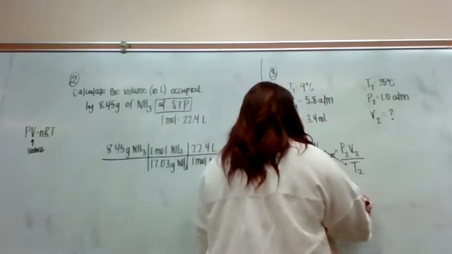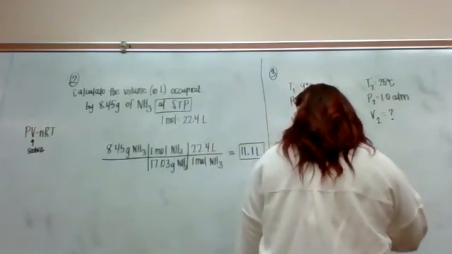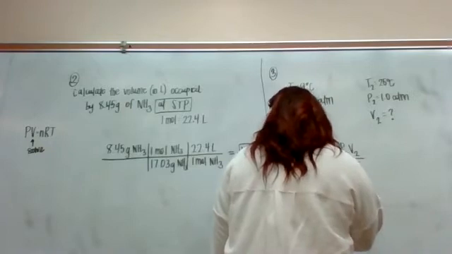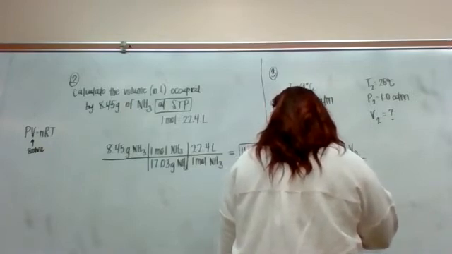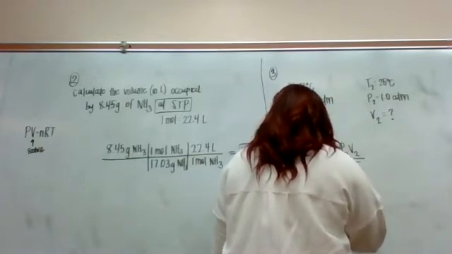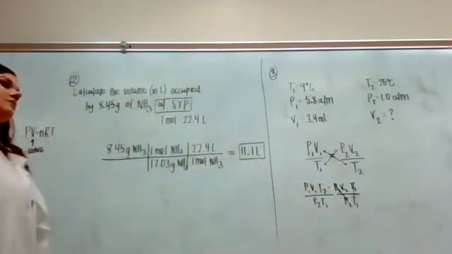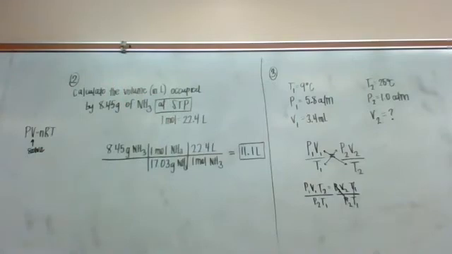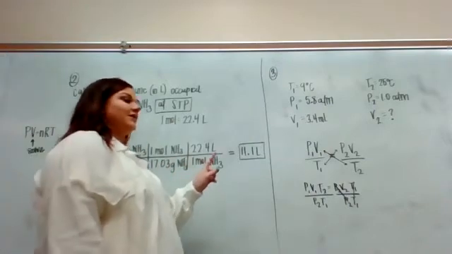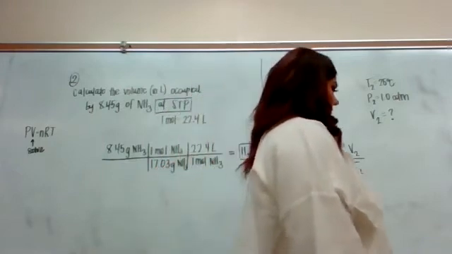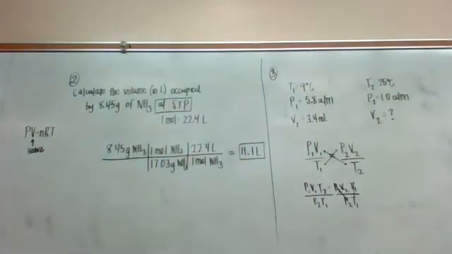If I want V2 by itself, I'm going to divide both sides by P2 and T1. So now just plug in your variables. Just be very careful that you're plugging in the right one for both top and bottom.